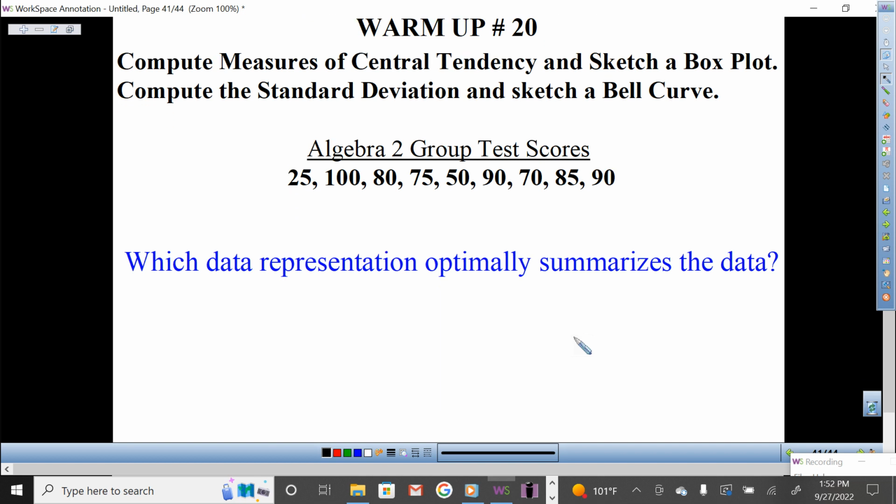So let's see where we're at. So measures. Mean. Volunteer for the mean. Devin? 71.87.